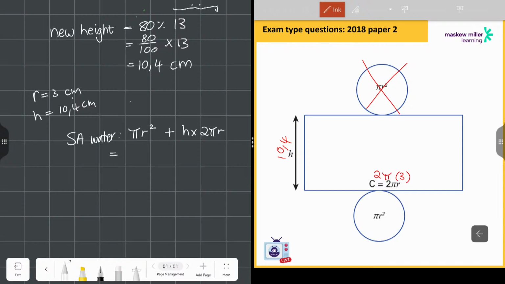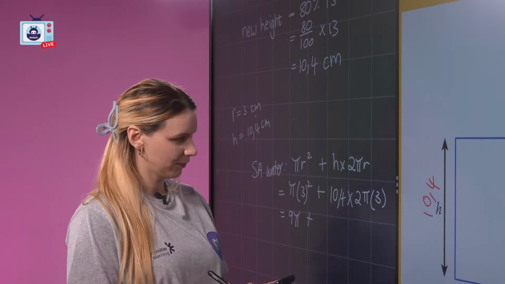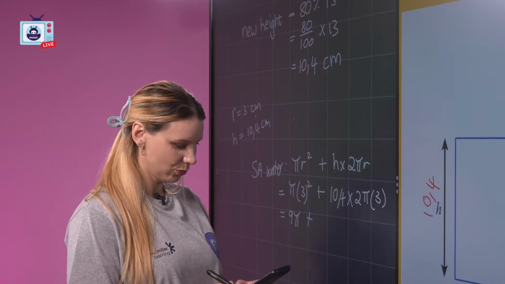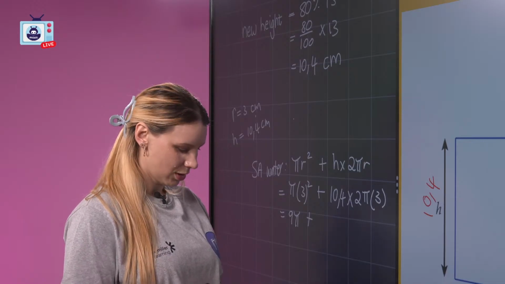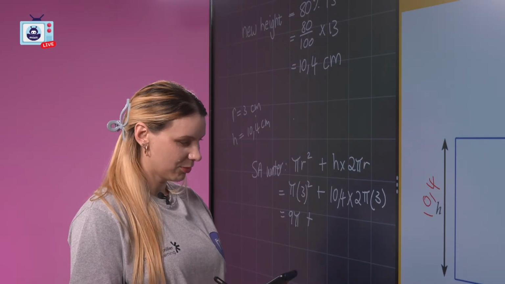Let's substitute what we know. So we know our radius is 3. We know our height is 10,4. And again, our radius is 3. Let's just simplify quickly. We've got 9 pi plus, I'll simplify that side using a calculator. So we've got 10,4 times 2 pi times 3.